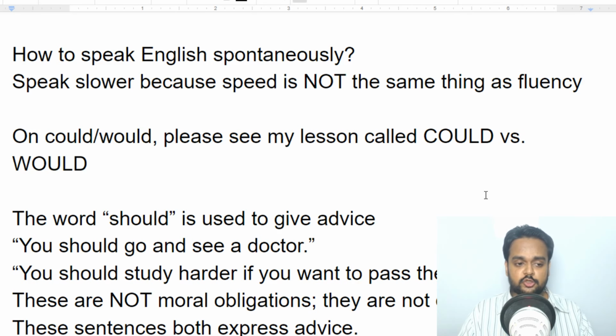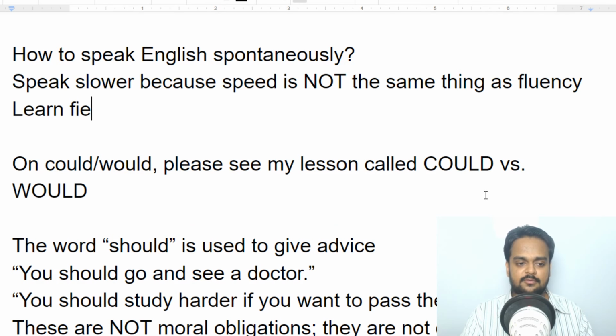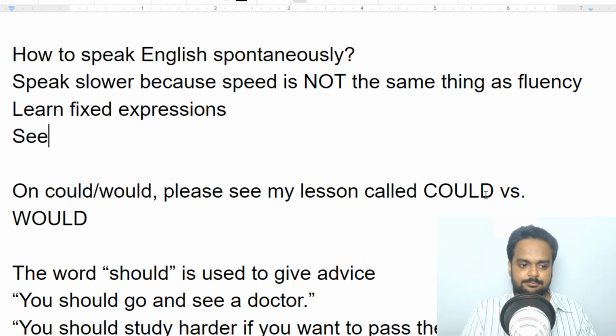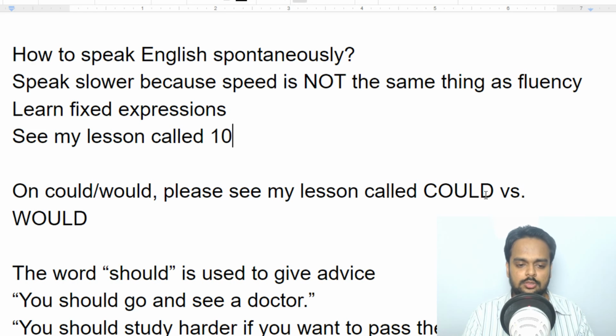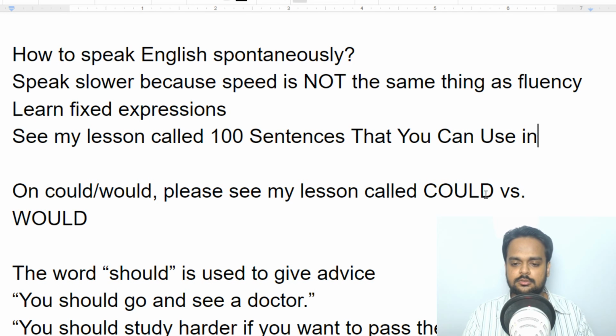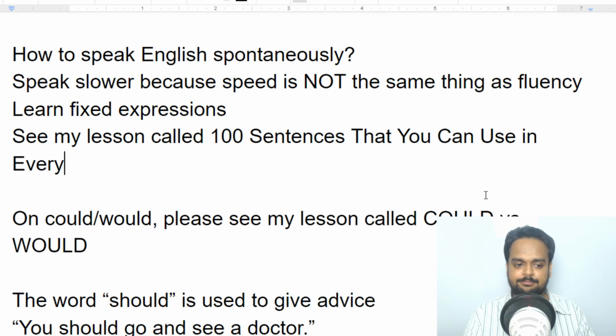Another thing you should do is learn fixed expressions. Learn stock expressions. I have a lesson on this. See my lesson called 100 sentences that you can use in everyday conversation.